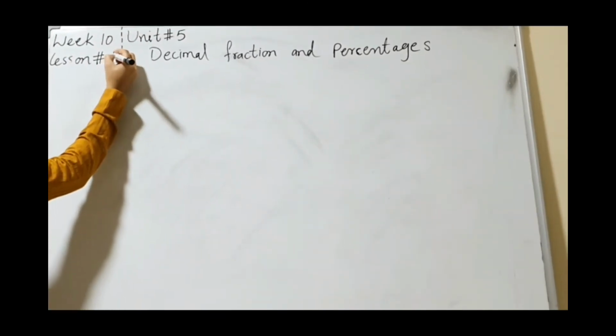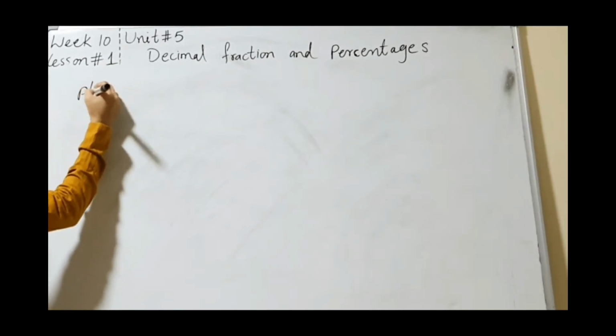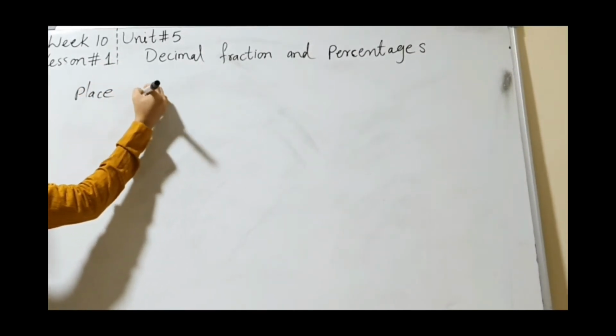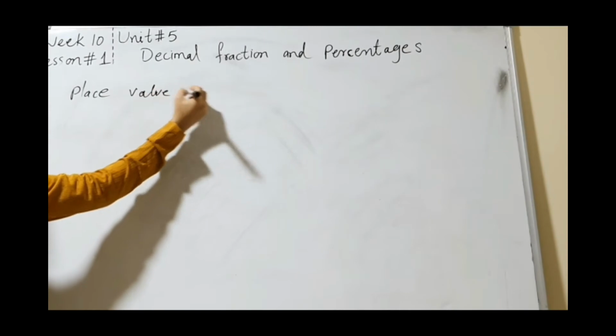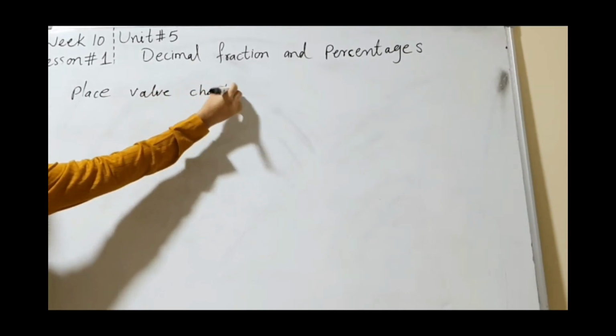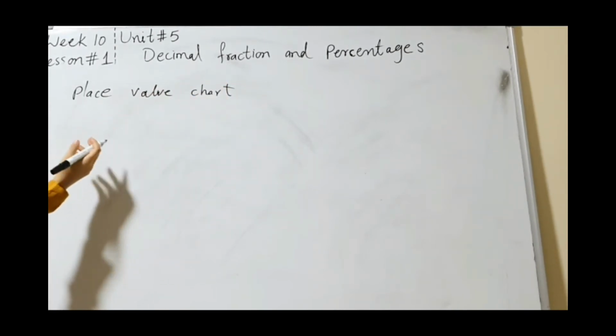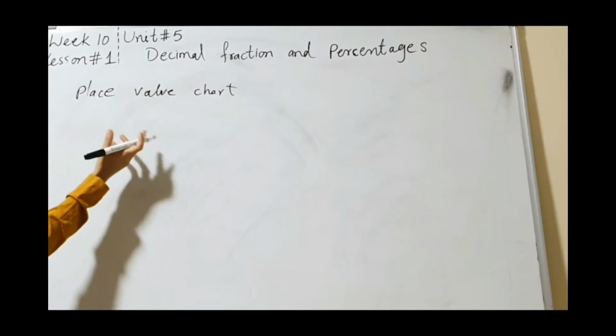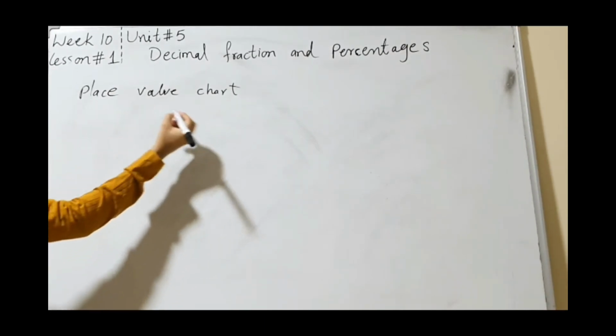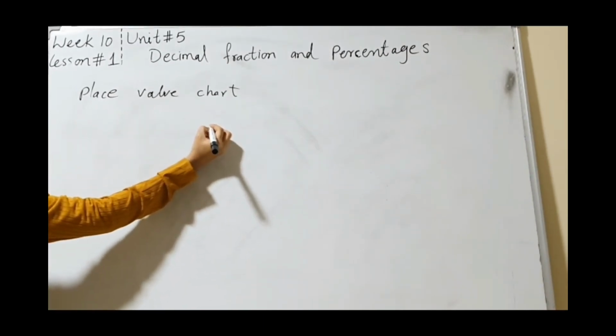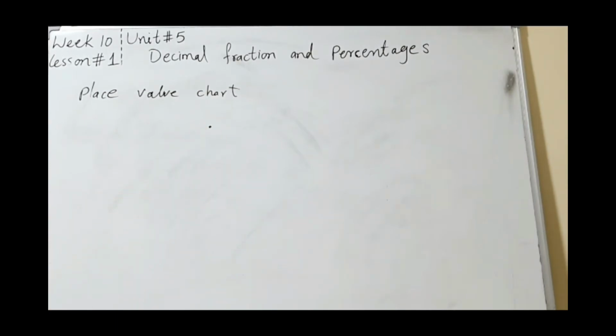Next we have the place value chart for decimal fractions. As you already know about the place value charts, but for the decimal fraction it is kind of changed, because we have here the decimal point.